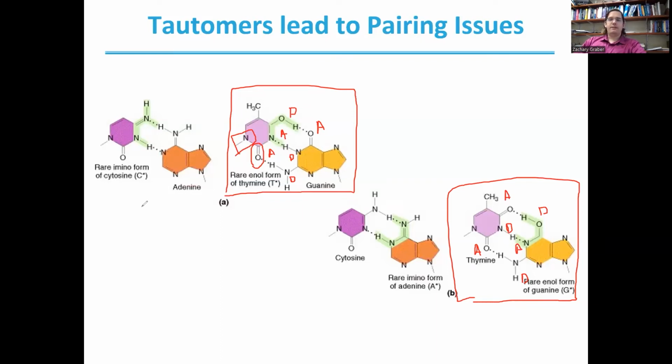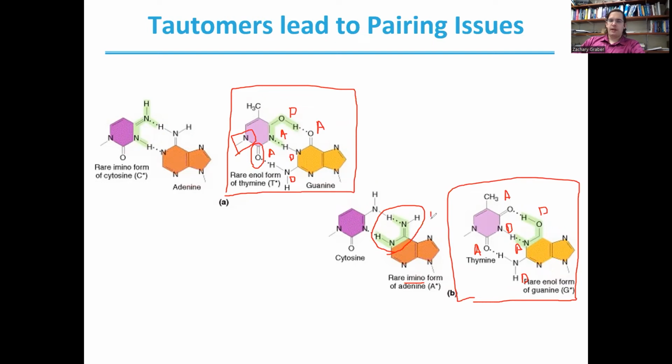Our adenine and cytosine can also undergo similar tautomerization, although in this case, instead of a ketone rearranging to form an enol, it's our amine group rearranging to form this amino tautomer. Notice how we've rearranged the position of our hydrogen here on our adenine. We moved one of the extra hydrogens from our nitrogen on the top down to our nitrogen here on the left side.